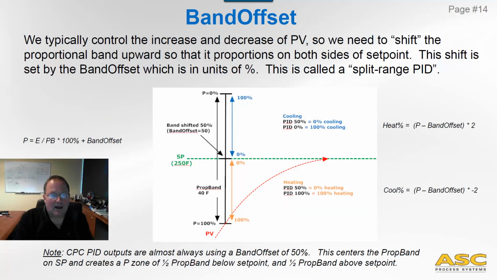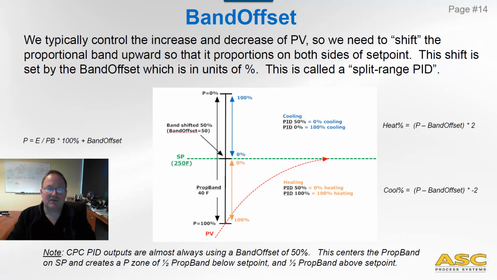Let's talk about band offset. In the previous example, we had a set point, and our proportional band was positioned where 0% was at set point and 100% was down here. But in CPC applications, we typically control both the increase and decrease of process value. We could be heating and cooling, or inletting and exhausting as far as pressure.